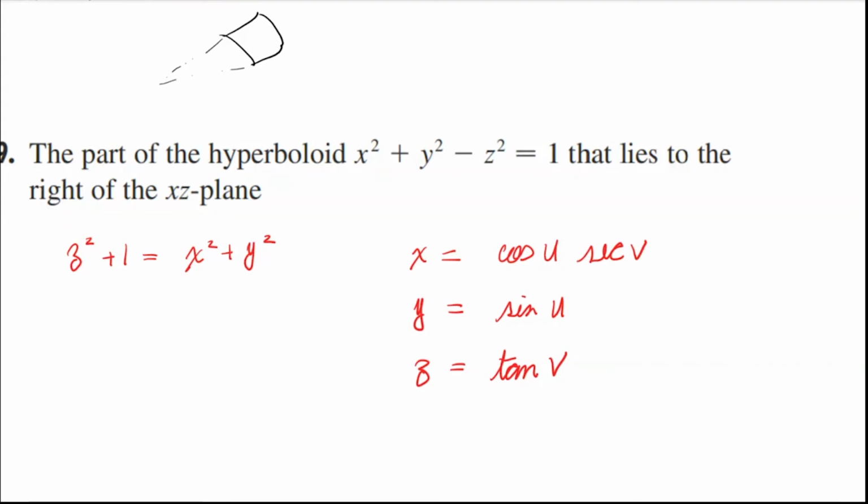Wait, what about y and z? It has to be the same hyperbola, right? How about that? What do you say? Can this work? One way to find out, right?